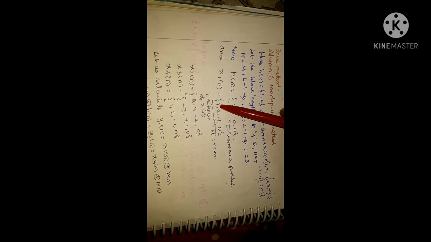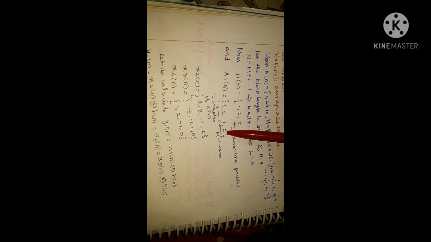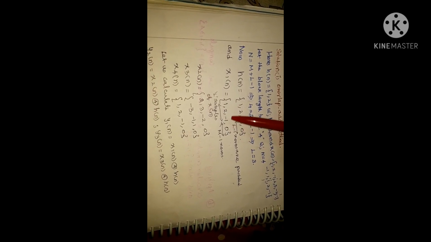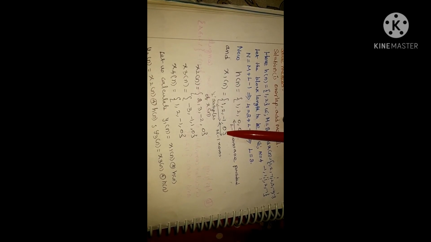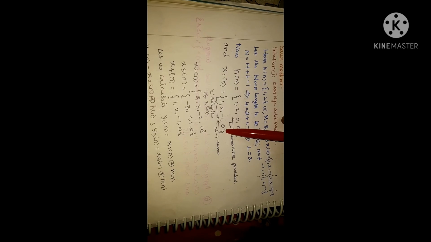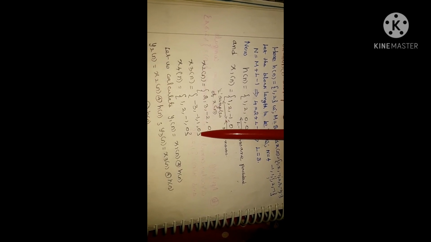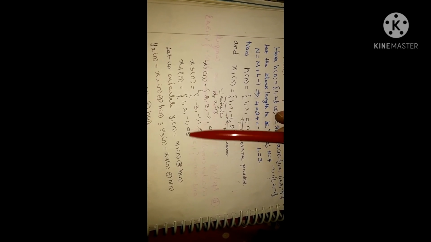First, 1 2 minus 1, these are the first 3 values we segmented. Here we must add m-1 zeros at the last. Then again 2 3 minus 2 0, then minus 3 minus 1 1 0, and 1 2 minus 1 0.